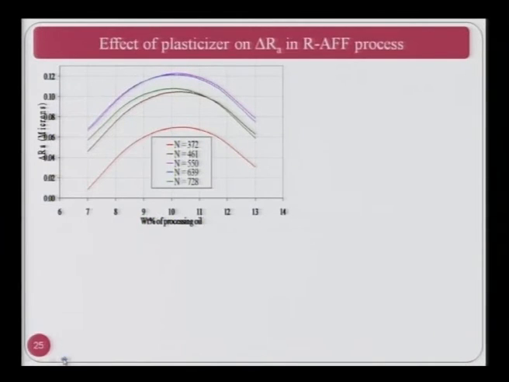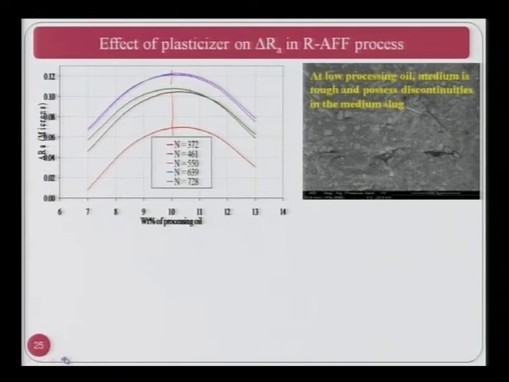Again you will find that at a certain optimum value you are having the maximum change in delta Ra. On either side of this it starts decreasing. So, definitely for the given set of machining conditions and workpiece surface, you can choose this particular optimum value of weight percent of processing oil.